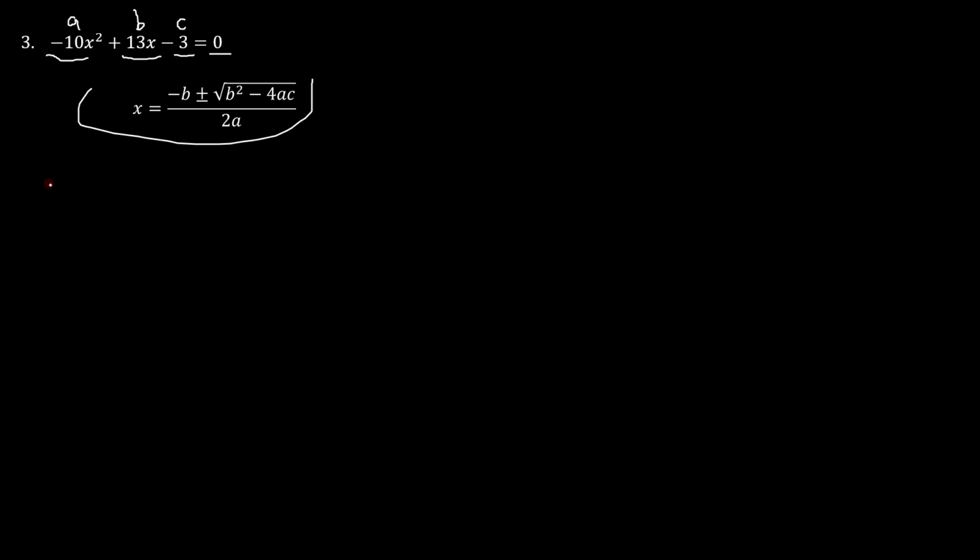So we say minus 10, and that is A. So we're going to say firstly x is equal to minus B, and that is minus 13, plus or minus root B squared, and that is 13 squared, minus 4AC, and that is minus 4 times A, that is minus 10, C is minus 3.